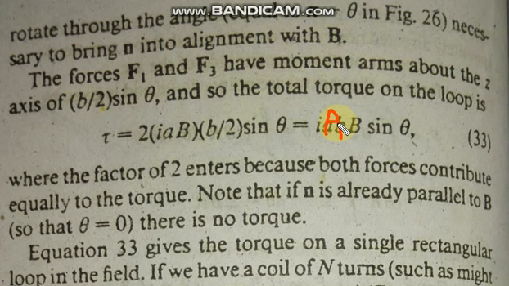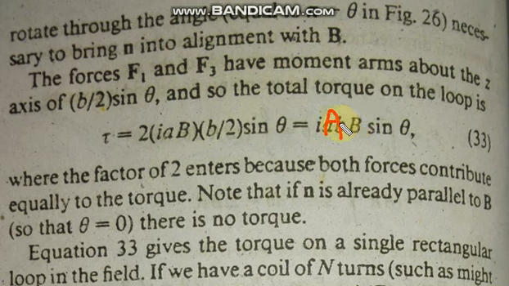As you remember, the vector area has a direction which is perpendicular to the plane of the area. So if A and B are parallel, that is, the normal to A and B are parallel, then theta is 0 and the torque will also be equal to 0.